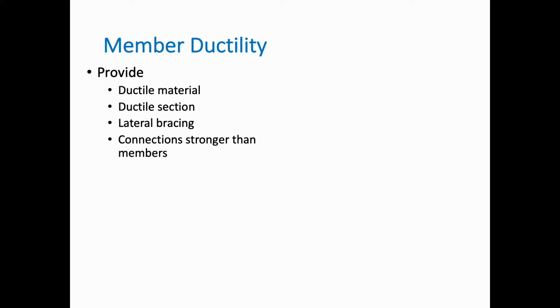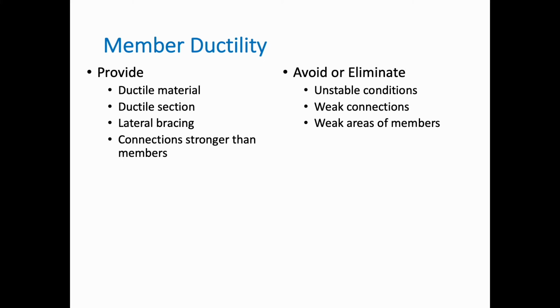So the connection doesn't fail, but the member itself can move and be a ductile member that bends to a certain degree. What we want to avoid or eliminate is unstable conditions of our members, weak connections, as I just said, as well as weak areas of members. And again, this is pretty much linked with the holes or other openings that we may have in our structure.